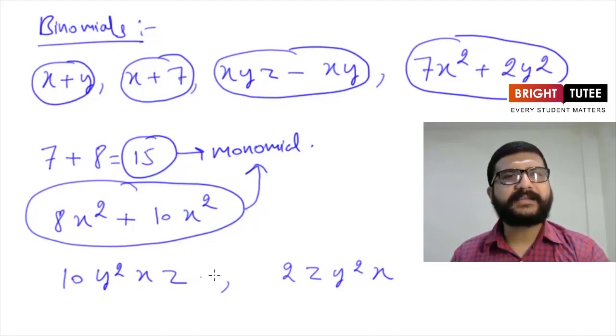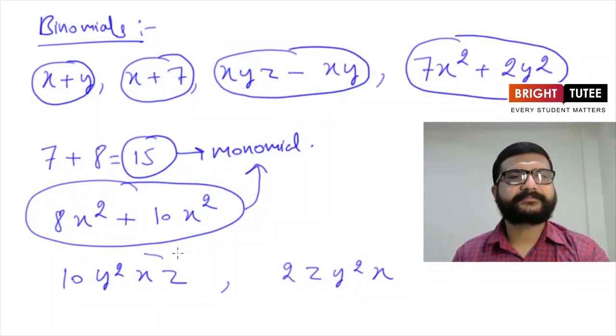And then what we have to check? Then we have to check their powers. If variables are exactly same, then we will check their powers. And if their powers are also exactly same, then it means terms are like terms. So here also these 2 terms are like terms. So if we form an expression like this by adding these two terms, then this is a monomial expression.